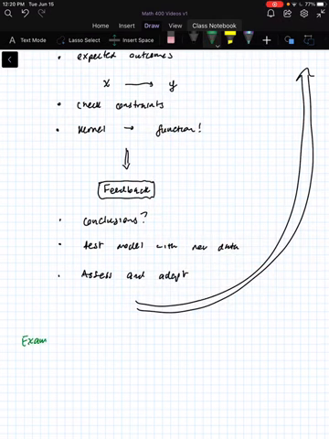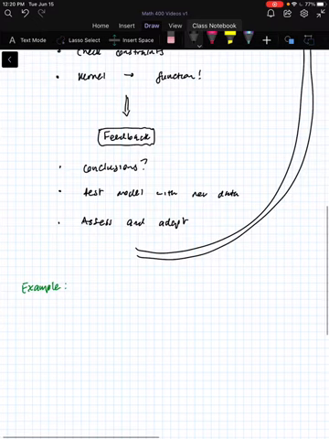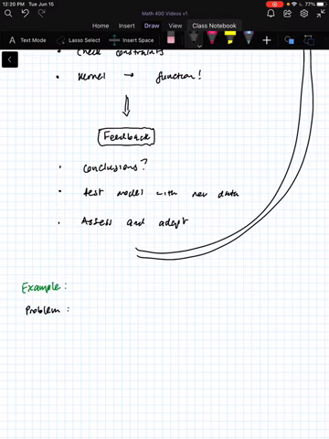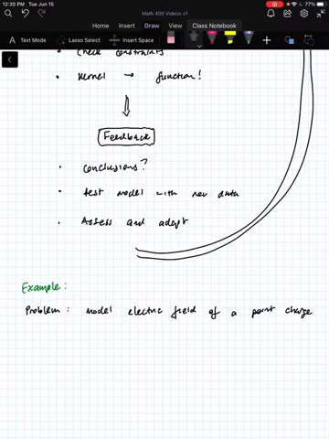All right, so let's see an example so that we can really understand what we're talking about here. And this is the motivating example that we started with in the beginning. So our problem is we want to model the electric field of a point charge, an electron, a proton, some other particle.